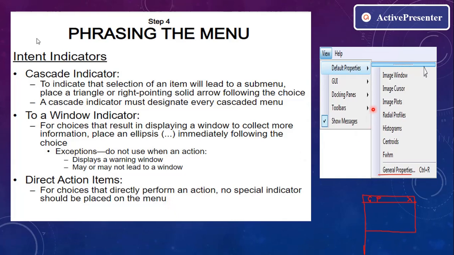Simply write the menu title, and if you don't include a cascade indicator or a window indicator, that means it performs a direct action. Whenever you click on this particular choice, it will perform the task. For example, image window will perform a certain task when you click on this menu choice.